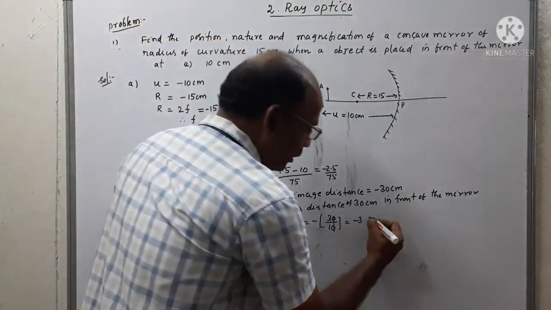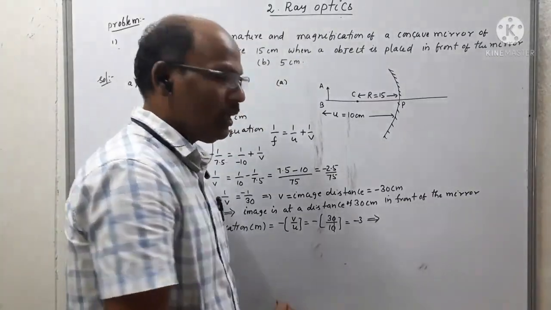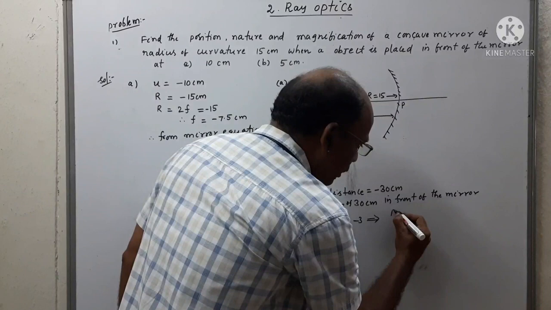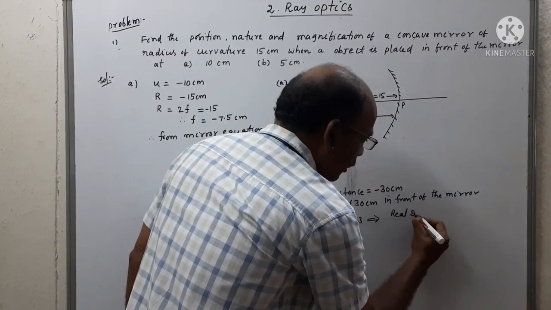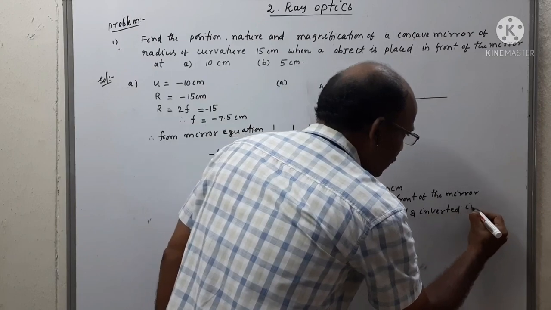Here we get the magnification negative. So when m is negative, what type of image is formed? That is nothing but a real and inverted image.